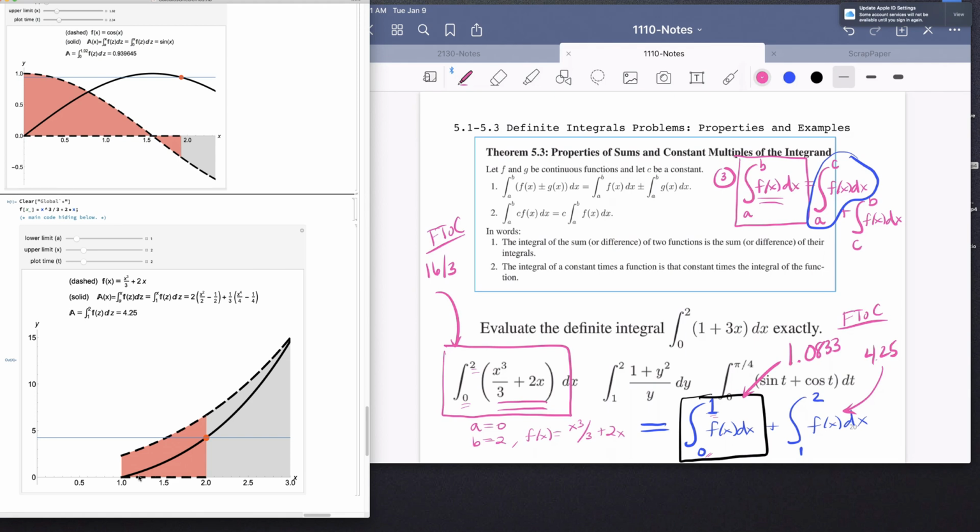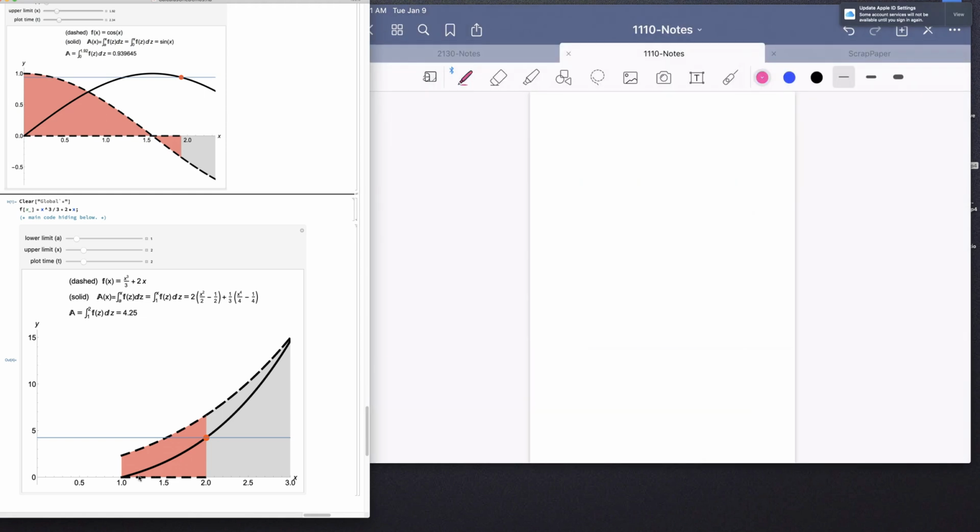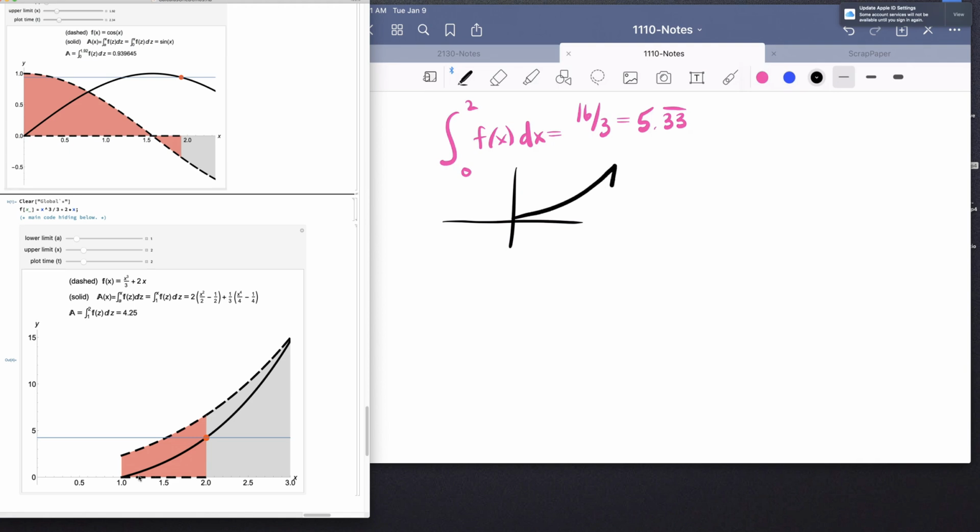Okay, so what we're seeing from this example is that when we do a definite integral from 0 to 2 of the function, we knew that we got 16 over 3, which was 5.33 repeating. That gave us the region, a triangle region, and we found the area of the whole region here.